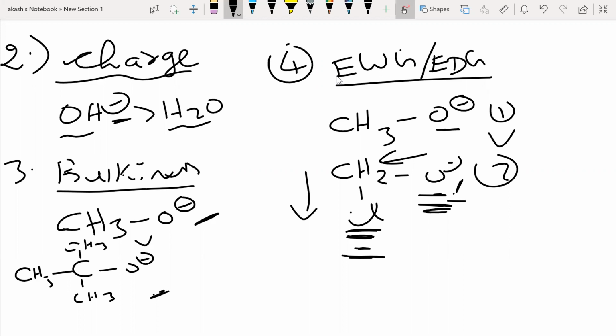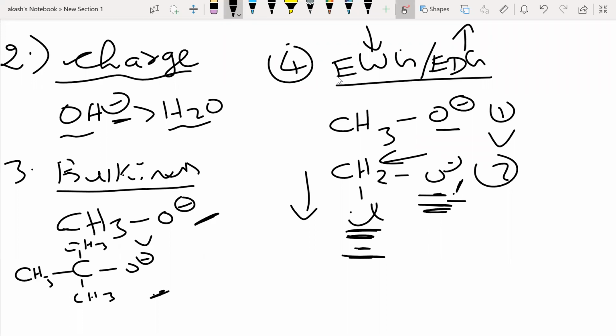So generally, electron withdrawing groups decrease the nucleophilicity, and electron donating groups increase the nucleophilicity. That's how it works. You can remember it this way, or you don't have to remember anything, just go by logic. Electron withdrawing groups obviously decrease the negative charge and the nucleophilicity, and vice versa for electron donating groups.